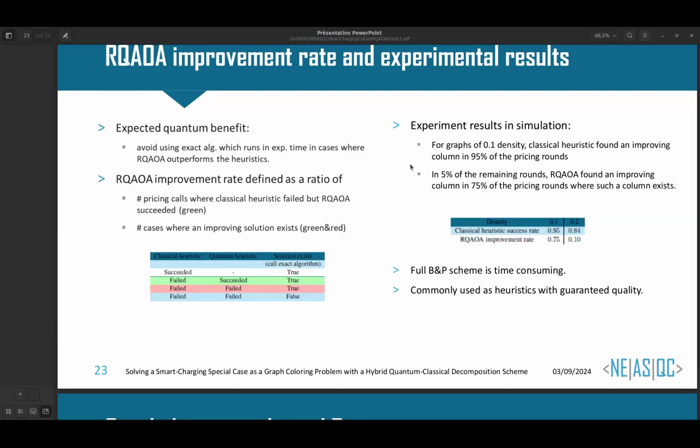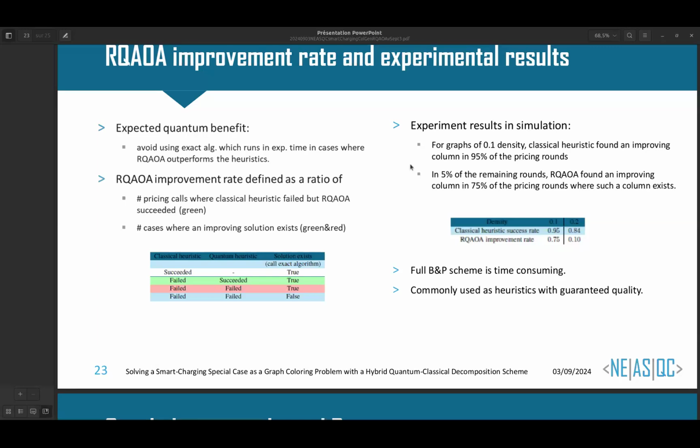And in simulation, we obtained results for two types of density of graphs. So for graphs of density 0.1, the classical heuristic found an improving column in 95% of the pricing rounds. And in 5% of the remaining rounds, RQAOA found an improving column in 75% of the pricing rounds when such a column exists.